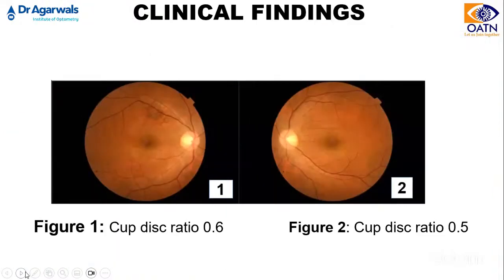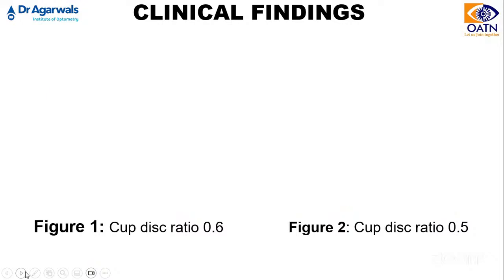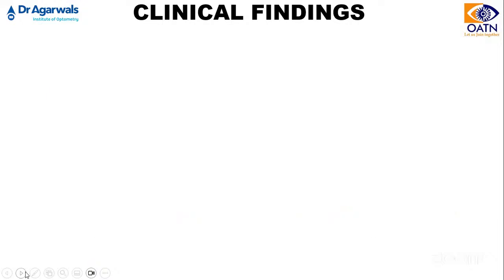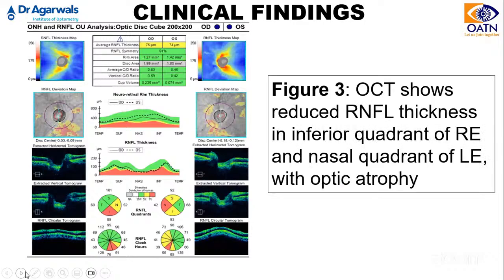We further investigated with fundus photo, OCT, and HFA evaluation. The fundus examination revealed 0.6 cup disc ratio in right eye and 0.5 cup disc ratio in left eye. The OCT RNFL scan shows reduced RNFL thickness in right eye and nasal quadrant in left eye with optic atrophy.